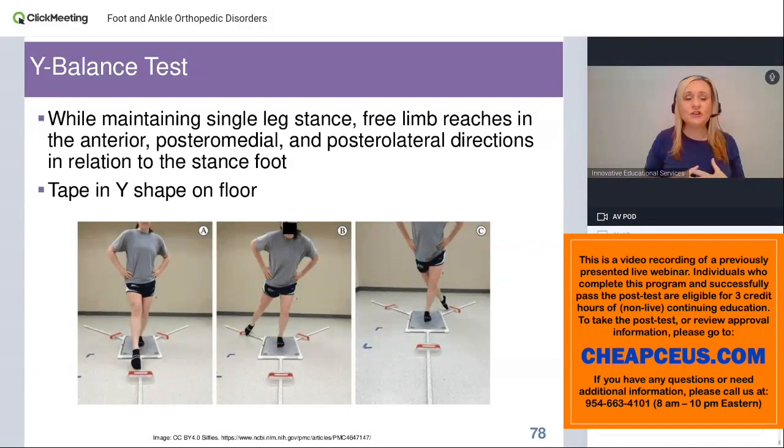A slimmed down version of this test is the Y balance test. So this is kind of a fancy version where it has these little plates that the individual pushes forward, pushes back in the different directions to see how far they can go. And again, if you're asking the person to push forward, we can see on this back leg, we're getting more dorsiflexion.